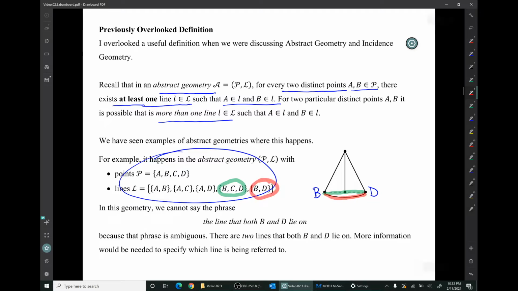So in abstract geometries in general, we cannot say this phrase, the line that B and D both lie on, because that phrase is ambiguous. In this particular geometry, there are two lines that B and D both lie on. So more information would be needed to specify which line is being referred to. So you can't say the line that B and D both lie on in general, because you don't know if there might be more than one.